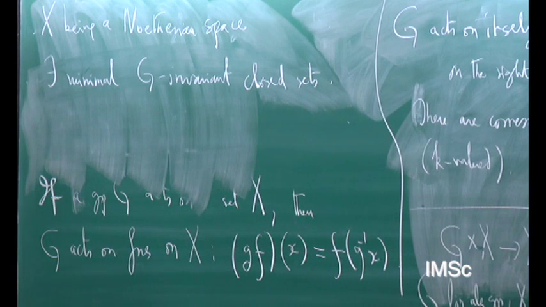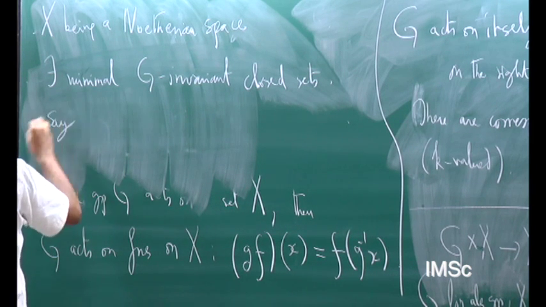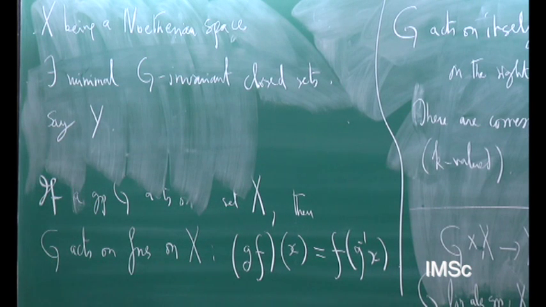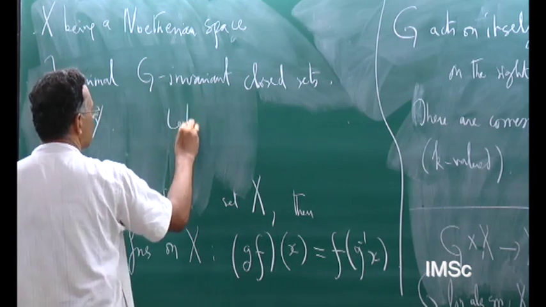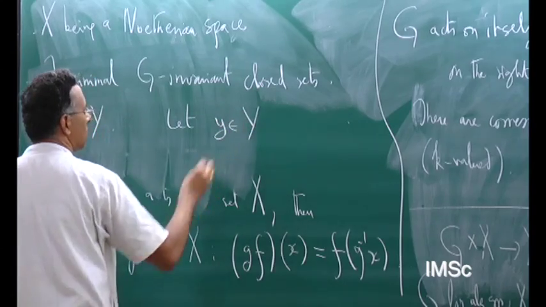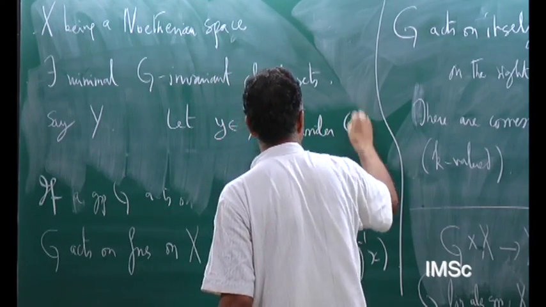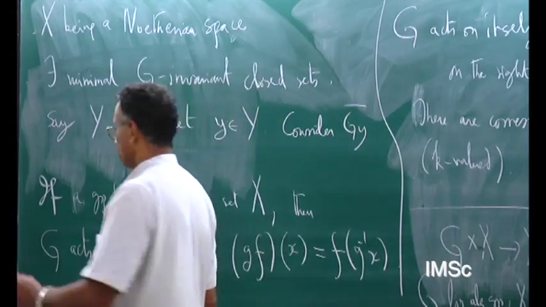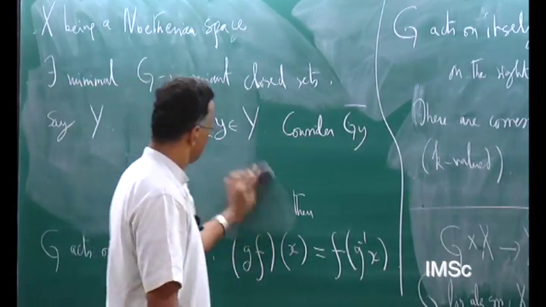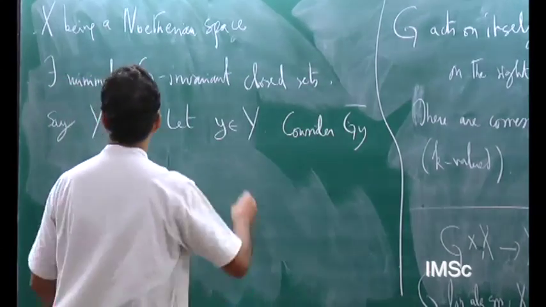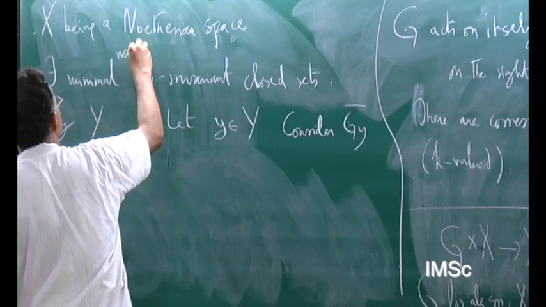Say V is a G invariant closed set. If I take y in V and consider the closure of Gy, there exists a minimal non-empty one.